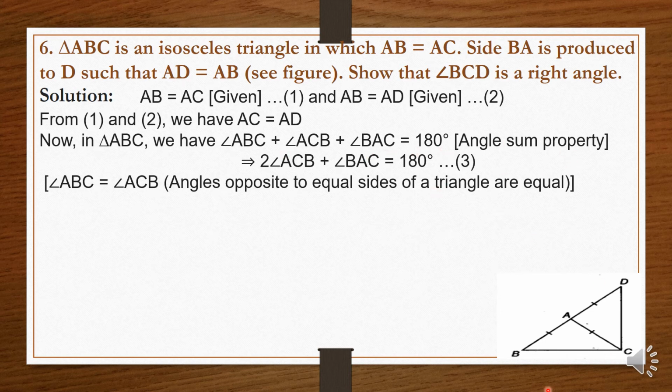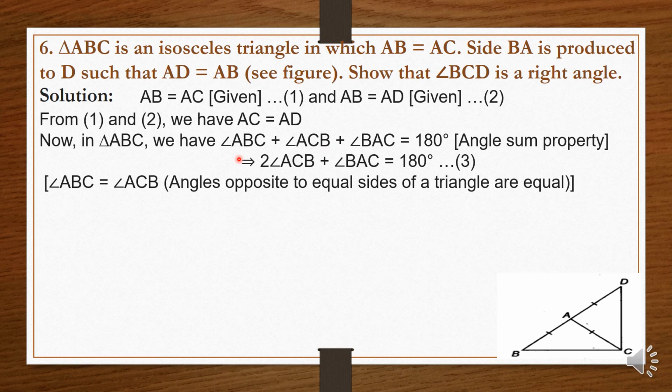Now, we already know the theorem that in a triangle, if two sides are equal, their opposite angles are also equal. So if AB equals AC, their opposite angles, that is ABC, will be equal to ACB. So we'll replace ABC using ACB.